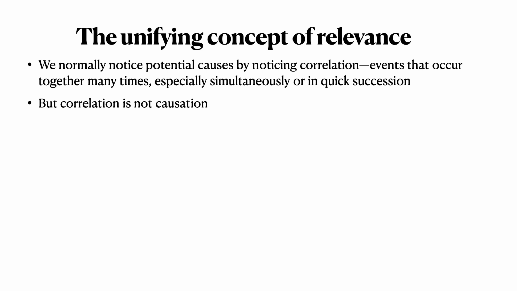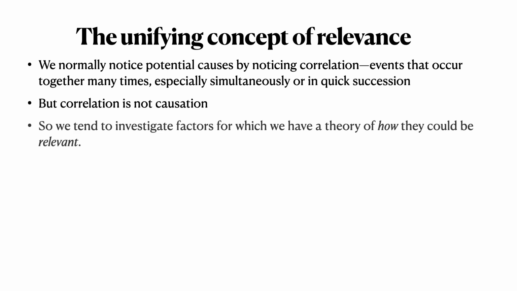So when these correlations suggest themselves to us, we have to investigate more. We have to investigate factors for which we have a theory of how they could be relevant, right? In other words, there needs to be some mechanism by which we can understand how this might cause it, and that guides our research and guides our experimentation.